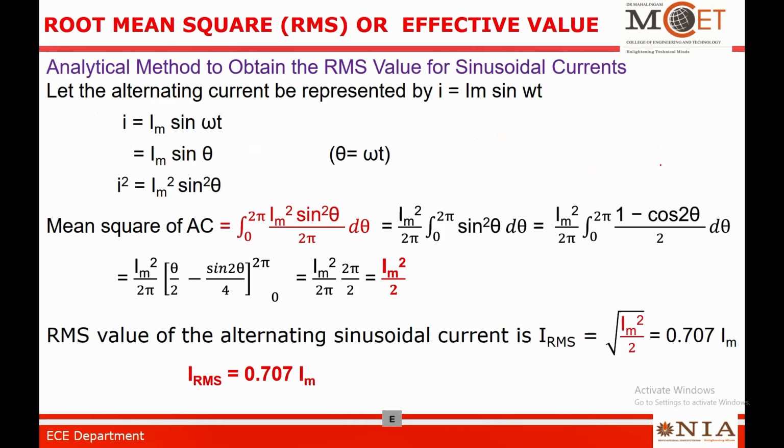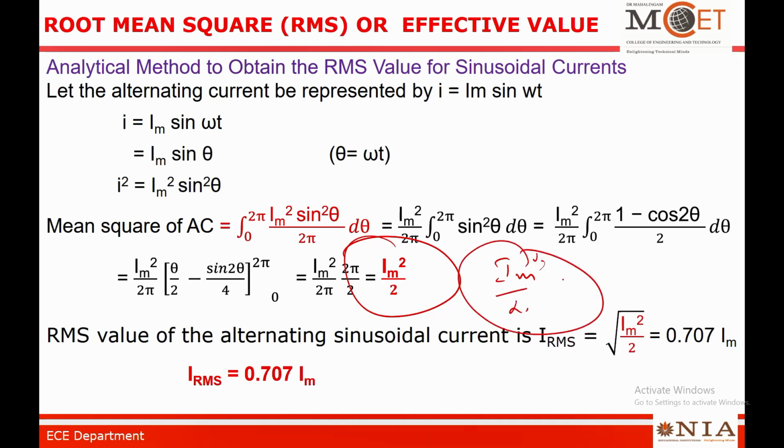Therefore the mean square of the AC is taken over the time period 0 to 2π. Here 0 to 2π is one complete cycle, so this is the time interval duration. After applying the time interval duration, the mean square of the AC, with the analytical method, we got the value Im square divided by 2.